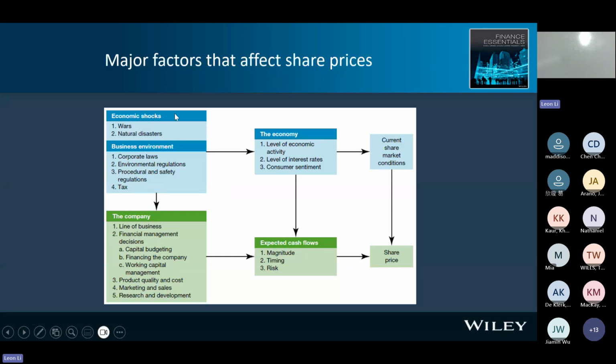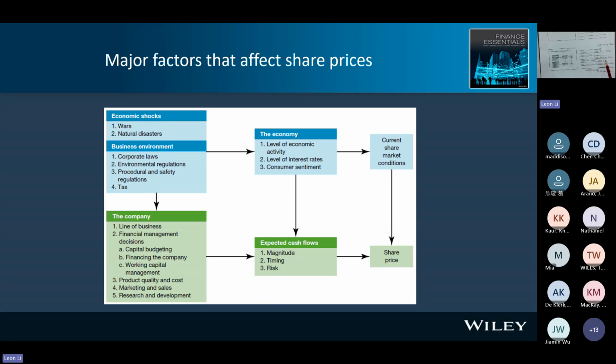Right. So again, let me use my handwritten note to show you the idea in a simple way. Share price or stock price is our goal, our most important concern. But the share price will be affected by the firm or the company, right?